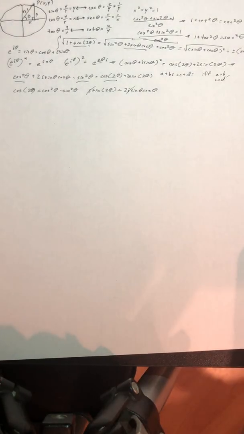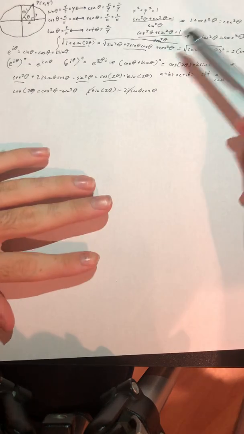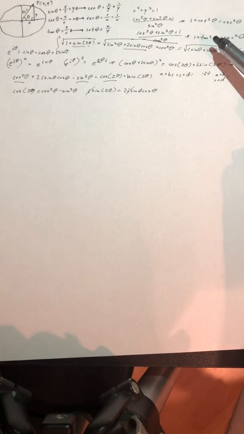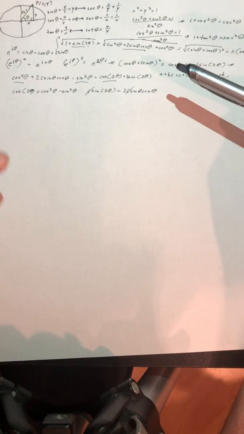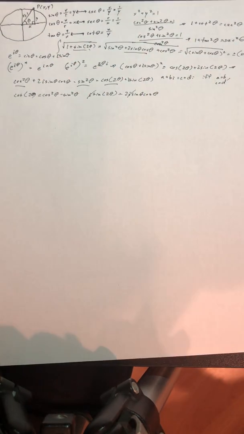Now I'm going to leave this to you all, but if you let theta equal a plus b or a minus b, then you can derive the angle addition and angle subtraction formulas for cosine and sine, if you ever forget them. As far as the double angle formulas are concerned, I got them right here.